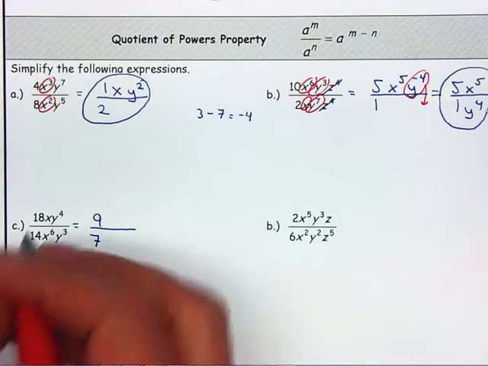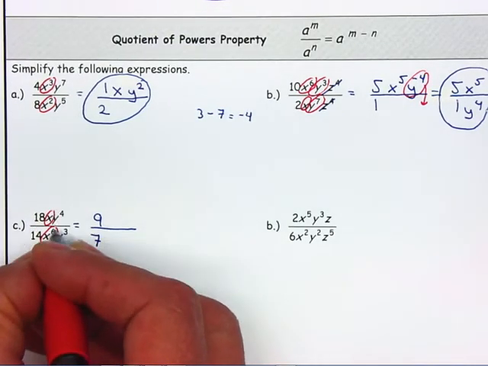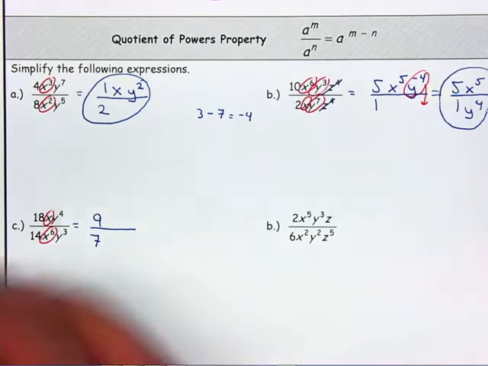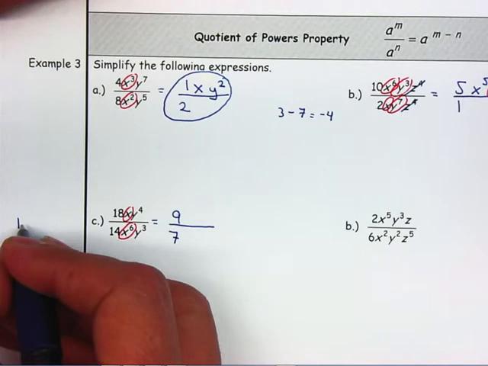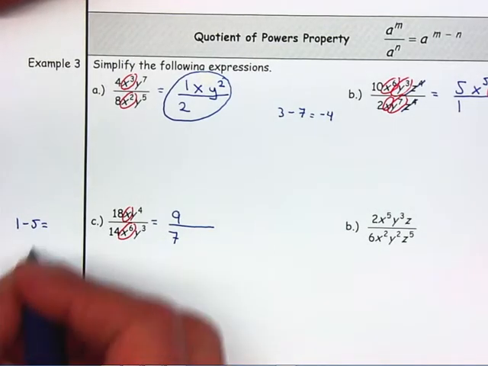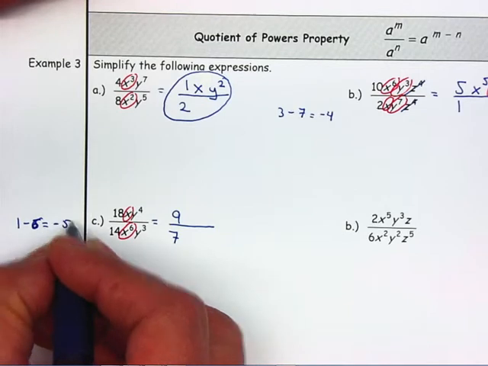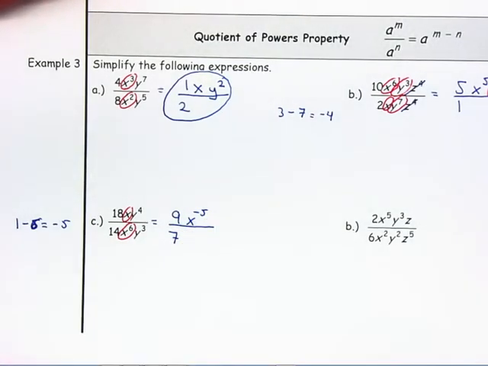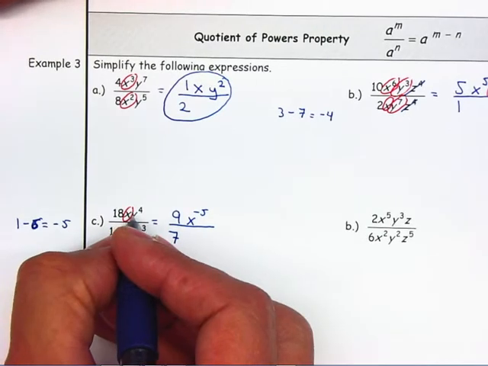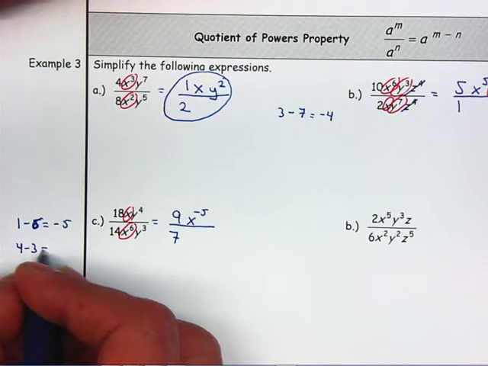And now I need to subtract my exponents for the x. I have 1x, so 1 minus 5. I'll do it on the left hand side. 1 minus 5 is equal to negative 4. So this will be x to the negative 4. I must subtract my exponents for the y's. So 4 minus 3 will give us a 1.